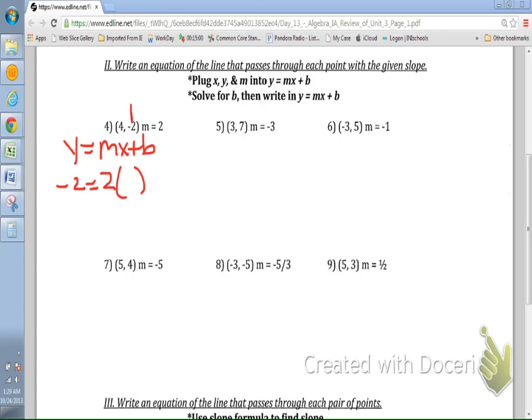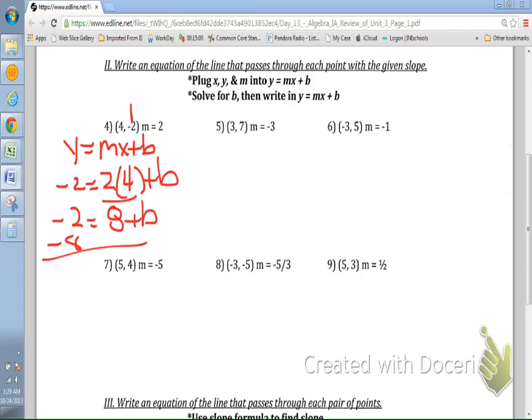The x, go ahead and put in parentheses, is the 4 plus b. The next step is multiply m and x. So -2 is equal to m and x is 8 plus b, and then solve for b by moving the 8 over as a -8.